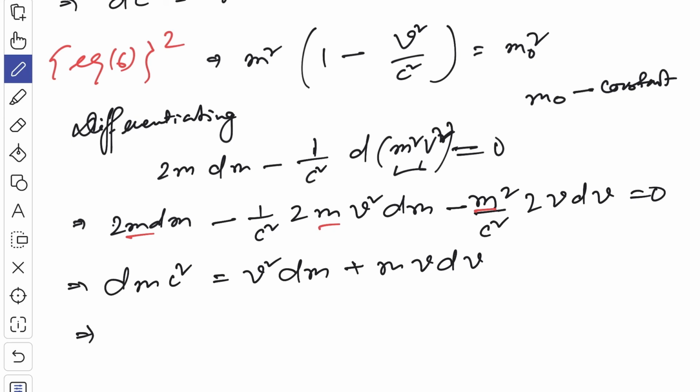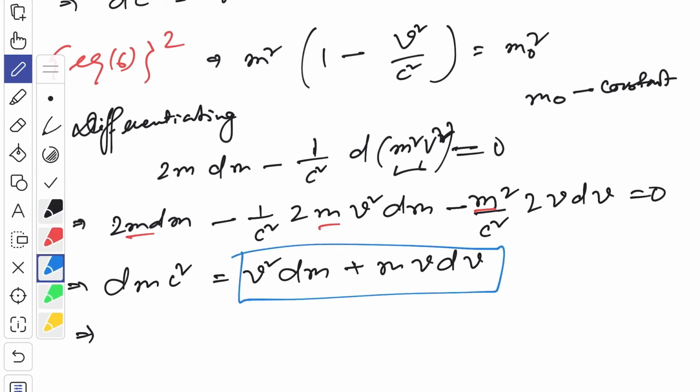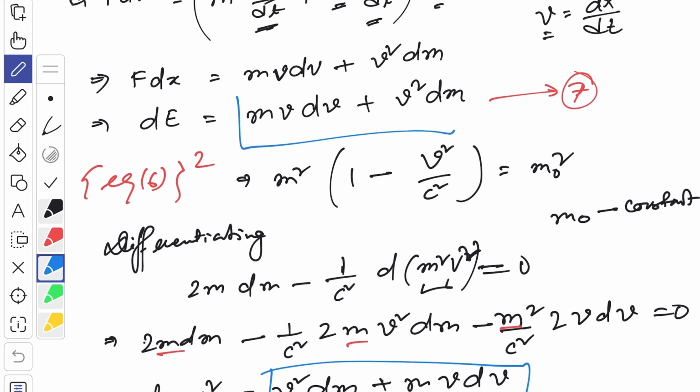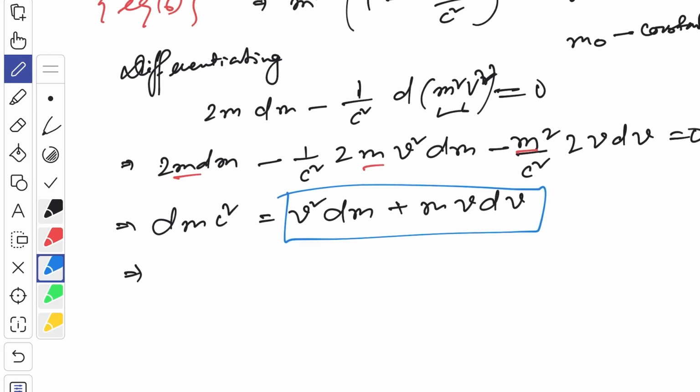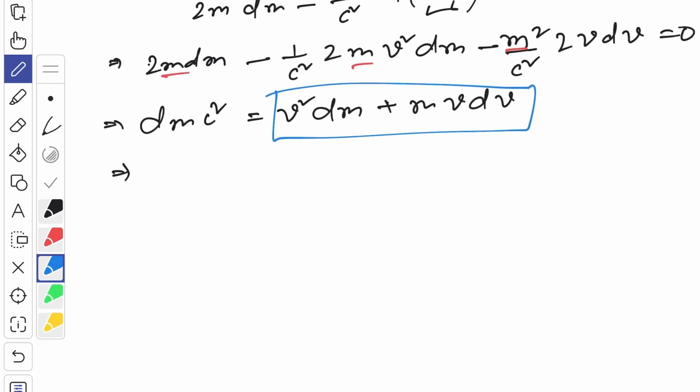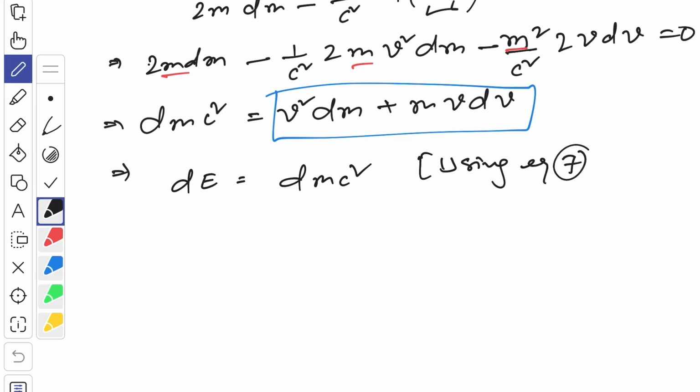And here you see this term is nothing but the right hand side of equation number 7. So using equation 7, we can write dE is equal to dm c square. Now we are going to integrate this.